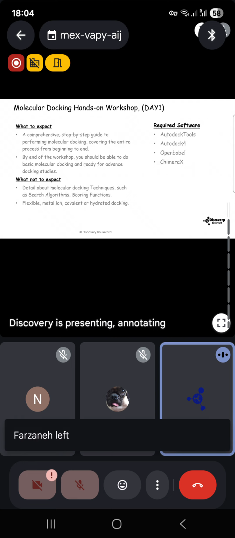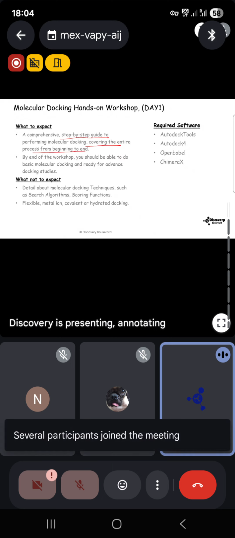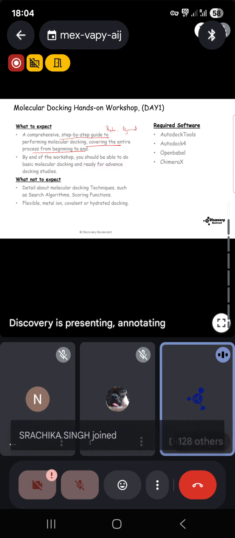So today we are going to go through basic molecular docking steps, from start to end. It will cover the entire molecular docking process. Today we'll be doing single ligand docking.